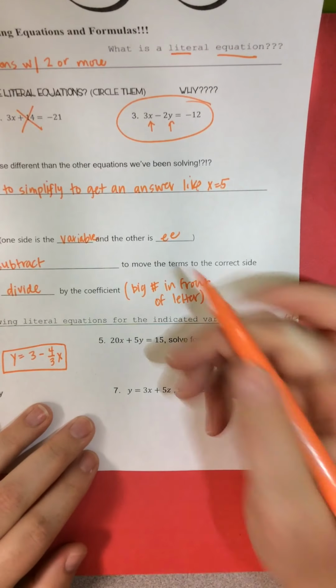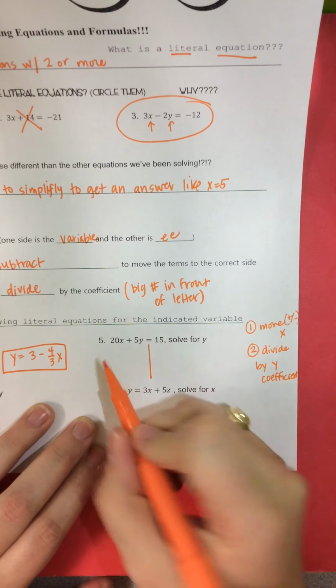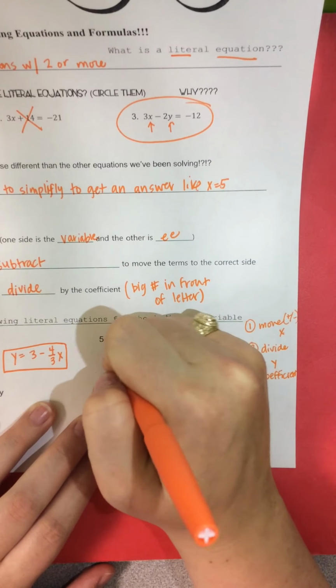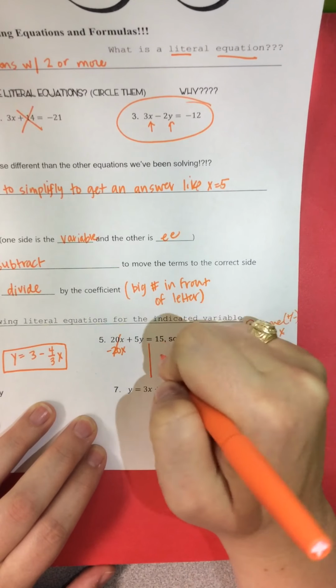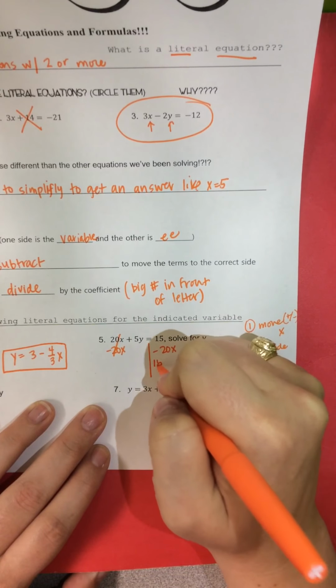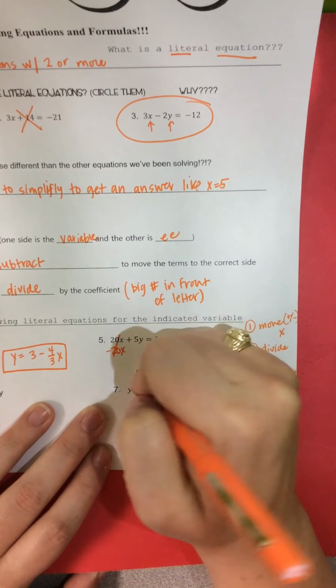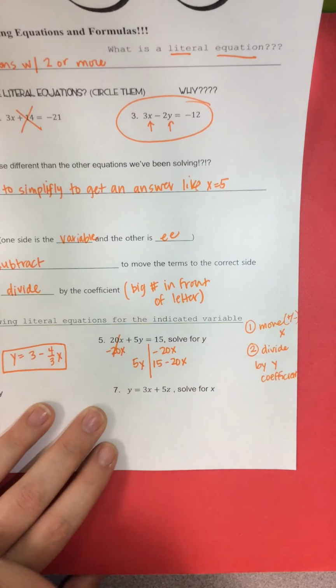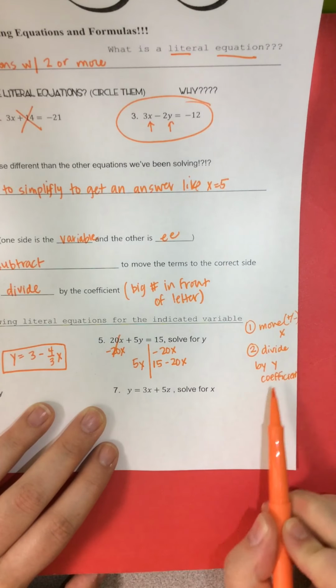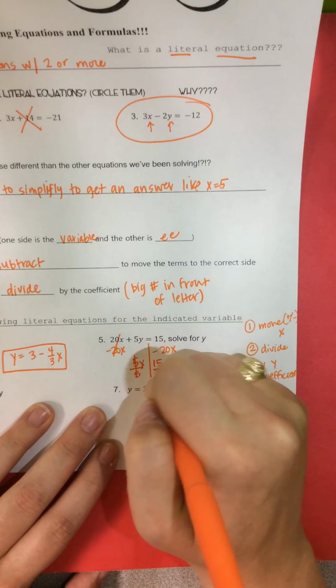Here we go. We're going to draw our line. We're going to move our x's. The opposite of positive 20x is minus 20x. Remember, they do not match, so they cannot go together. So it's 15 minus 20x. We still have our 5y on this side, so we have to divide by our y coefficient. That's this 5, so I'm going to divide everything by 5.